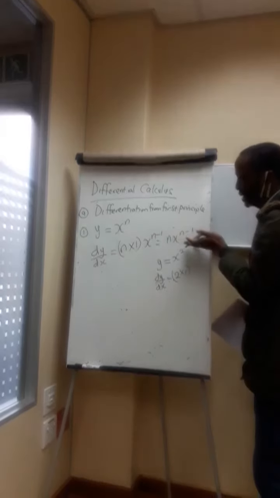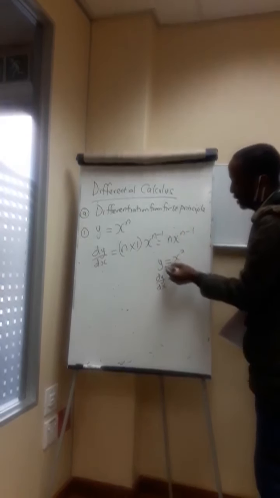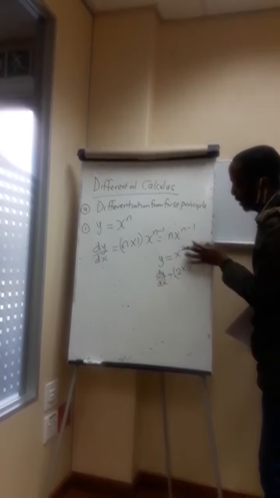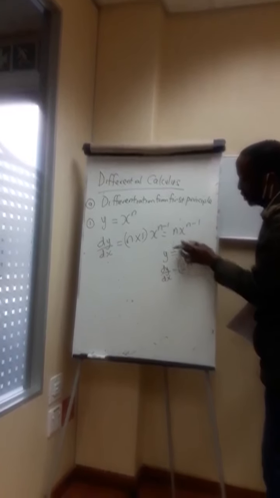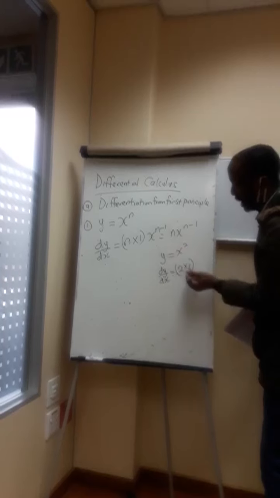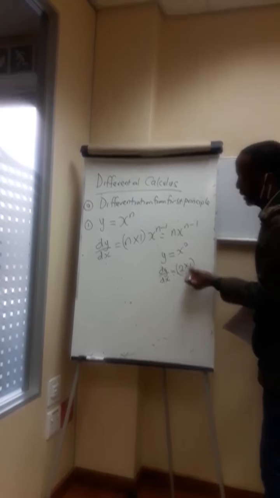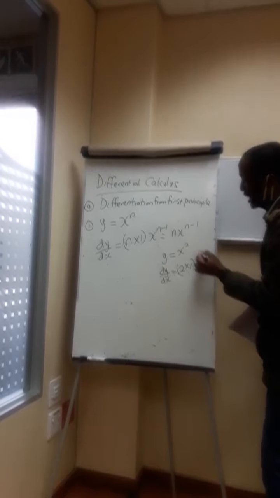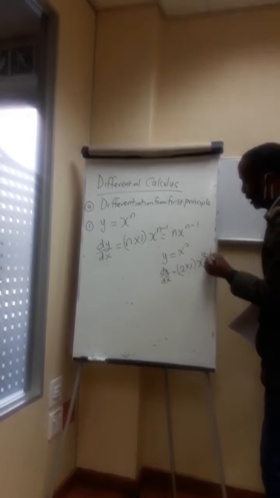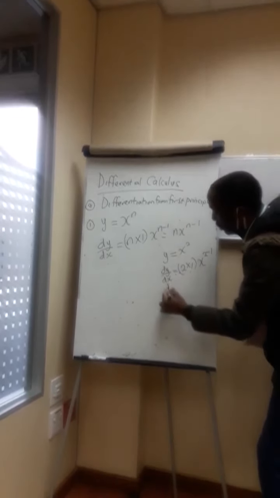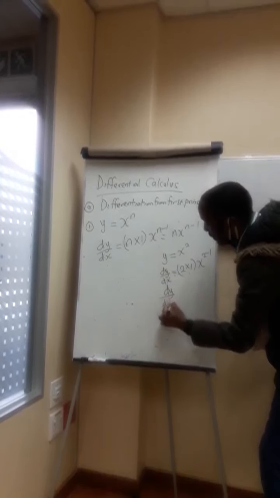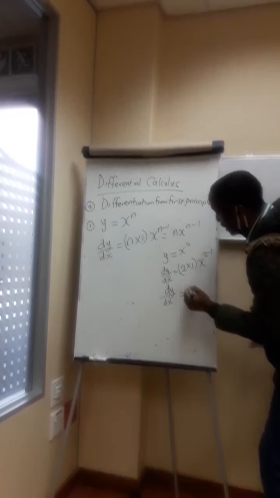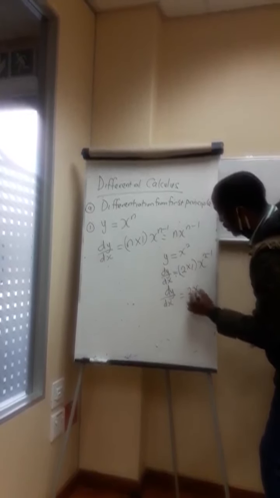So applying this principle, if you want to differentiate y equal to x raised to power 2, what is the power of x raised to power 2? That is 2. You multiply by the coefficient of x squared, which is 1, so that is 2 times 1. Then you bring back the mathematical function, x raised to power 2, and you subtract 1 from the power based on that principle. That will give you dy/dx, the differentiation of this mathematical function, as 2x raised to power 2 minus 1.